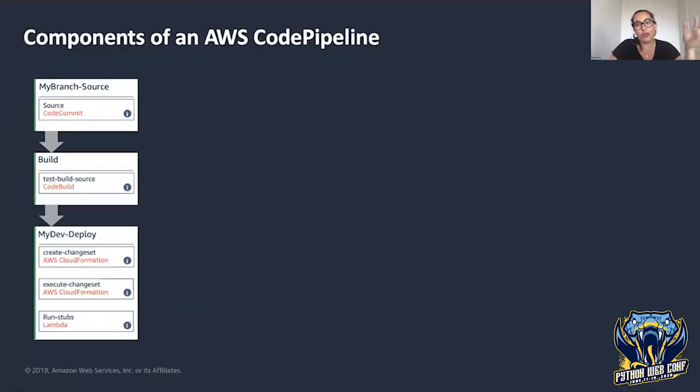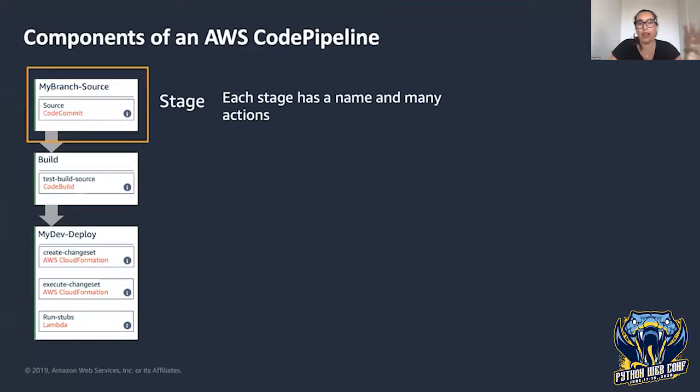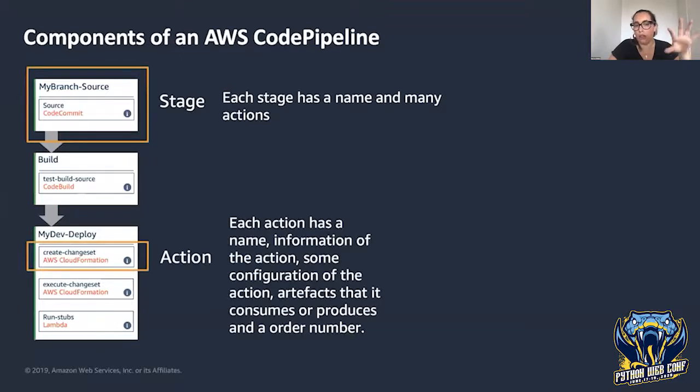So in order to understand a little bit more about CodePipeline, it's good to understand what the components are. The first one is the stage. A stage has a name and a lot of actions. Actions also have a name, but then actions can be either third-party actions like GitHub or running Jenkins, or they can be AWS actions like using CodeCommit, CodeBuild, CloudFormation.